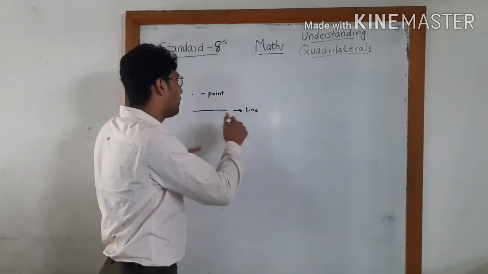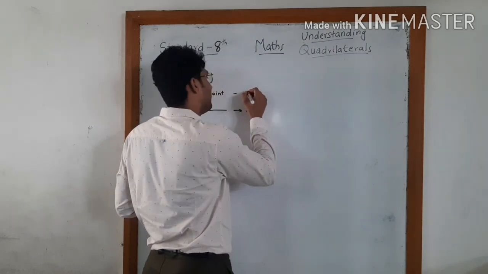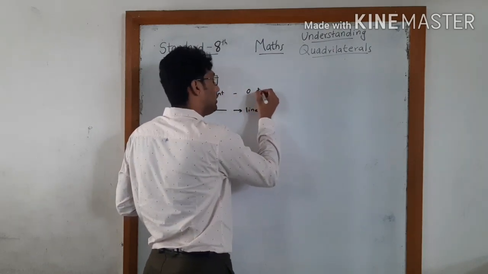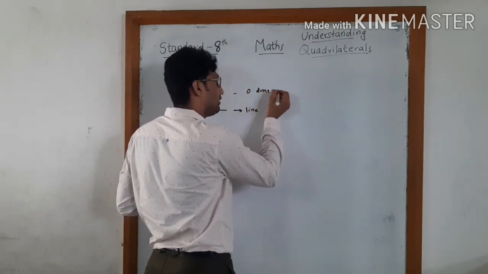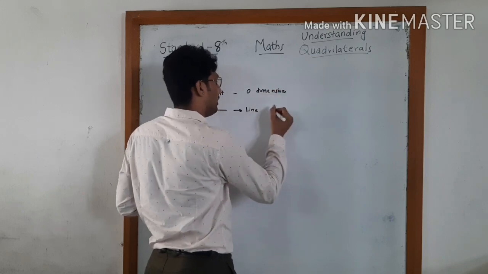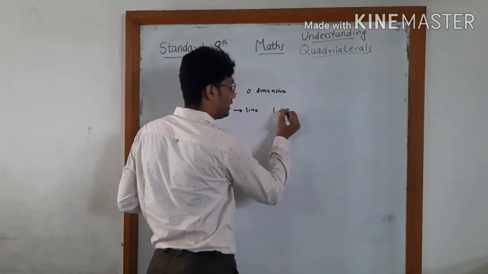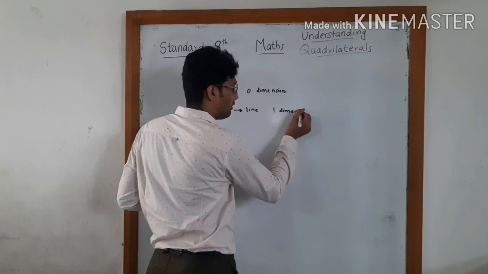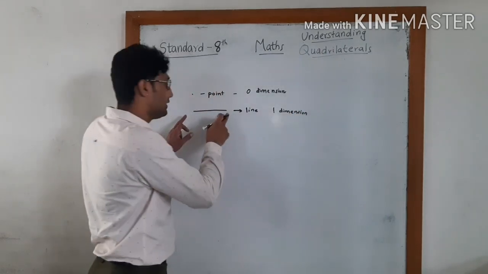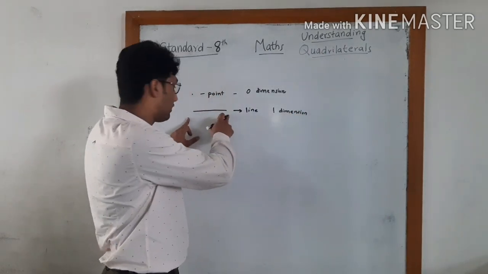So this has one dimension. A point has 0 dimension. A line has 1 dimension. In this case, the dimension is of length.